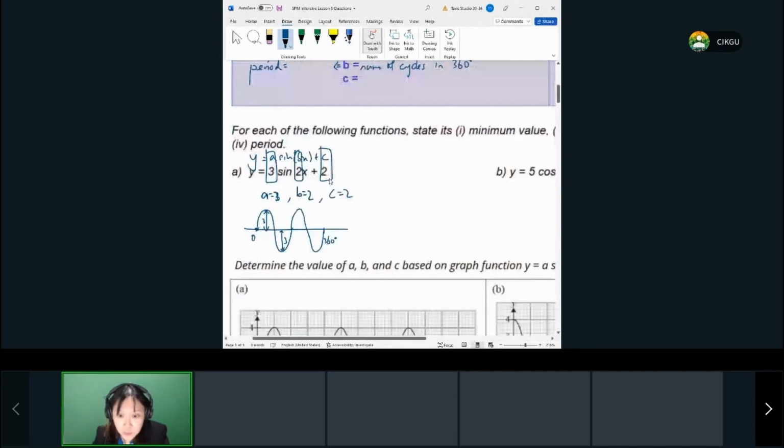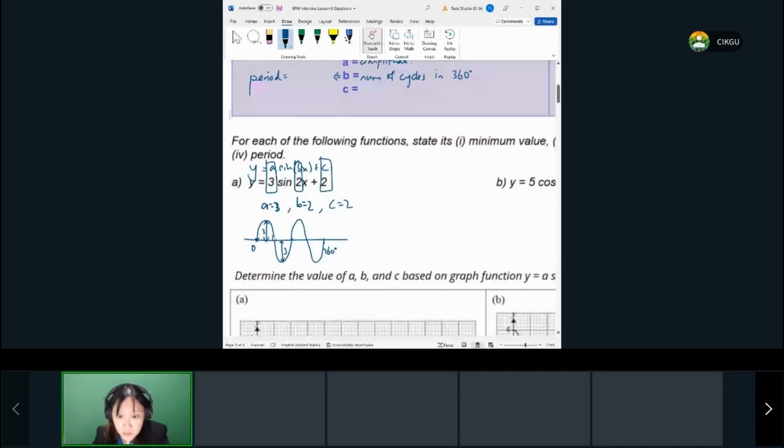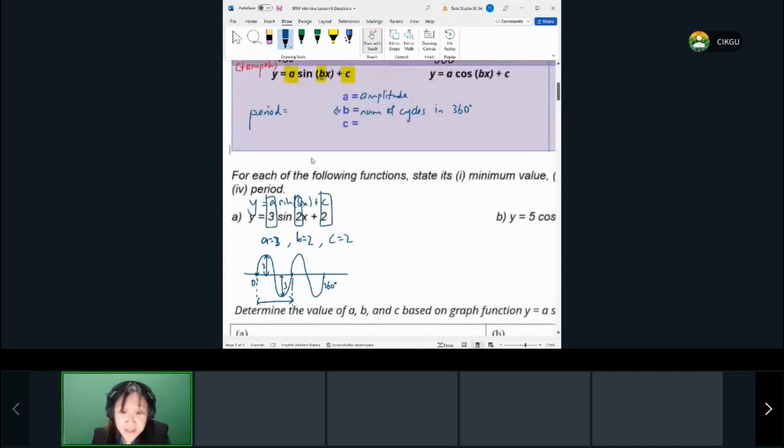So let's come back to here. You see, just now we said 2 means you have 2 cycles within 360, right? So if you want to find out how long it takes to complete one cycle, just use 360 degrees divided by how many cycles you need to fit in, which for this case is 2.